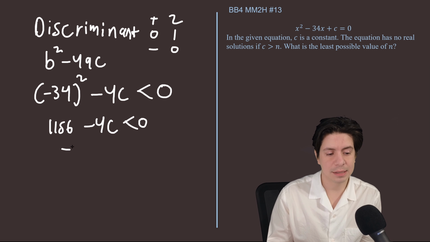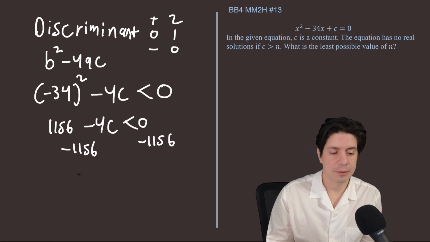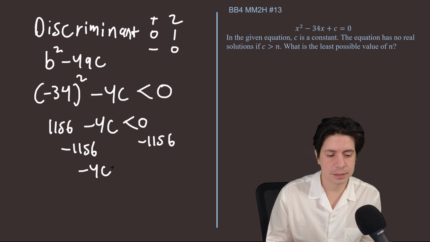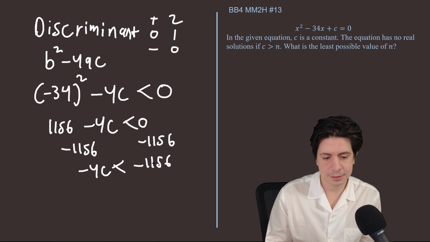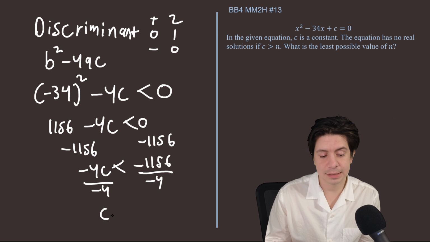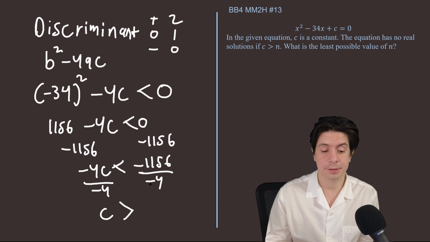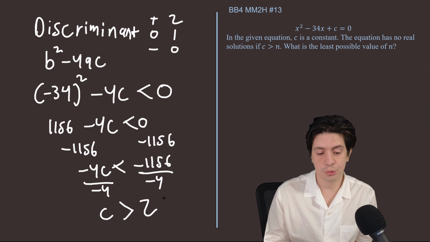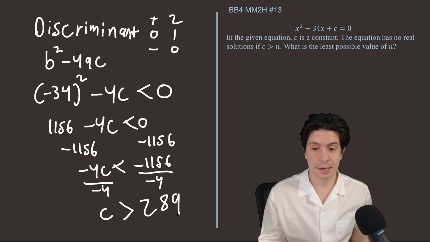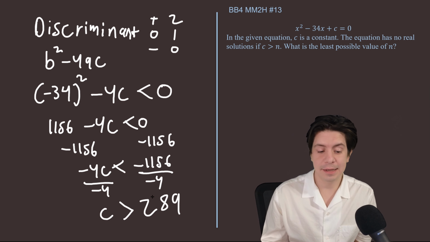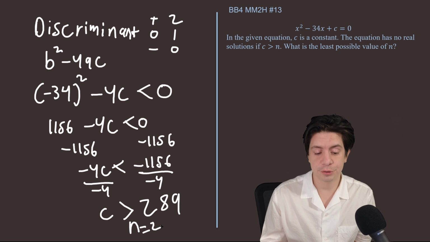We subtract 1156, and we get negative 4c is less than negative 1156. Divide by negative 4, and we're going to get c is greater than 289. And C is greater than N, so N equals 289, and that is our answer.